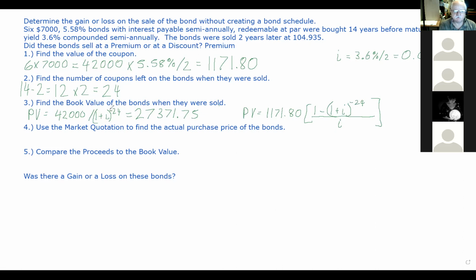This has to be a negative 24. So I'm going to have to get rid of this number. It's not going to work. Let's try that all again. Recall 1 plus I, y to the x, 24 negative, equals that, then 1 over x times 42,000. And I come up with a totally different answer here.